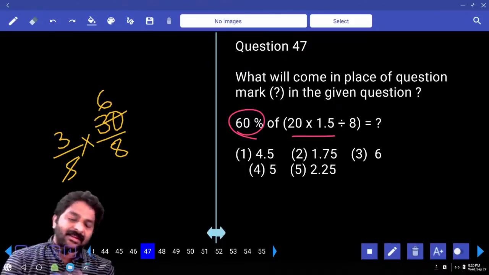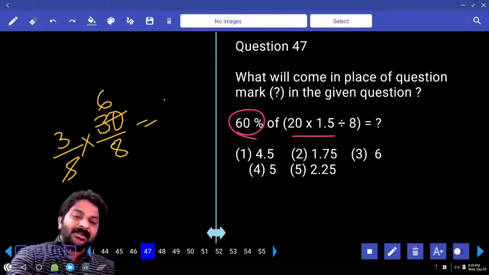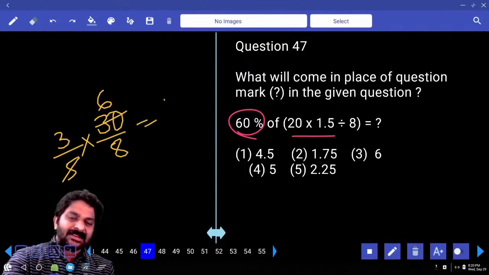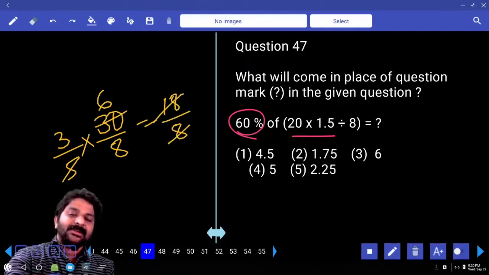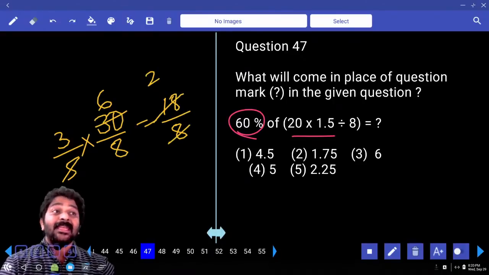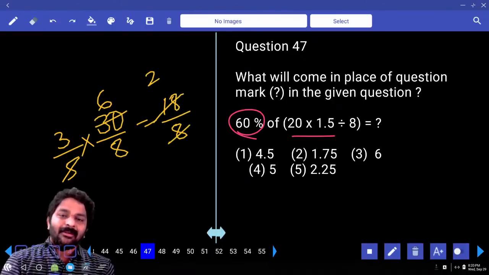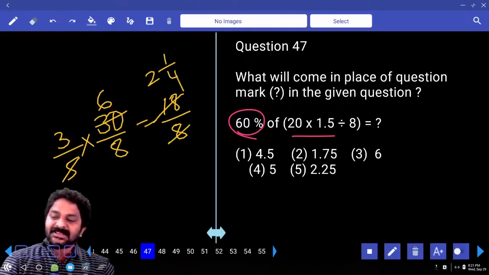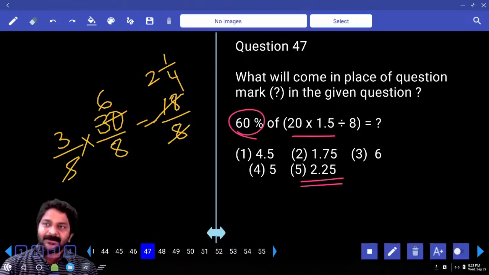Fine. Divided by 8. Okay, done. So here you can simply answer. 18 by 8. 8 how many times? 2 times. How much is still left? 2 by 8, that is 1 by 4. 2 1 by 4, which is equal to 2.25. Fifth option is the answer.